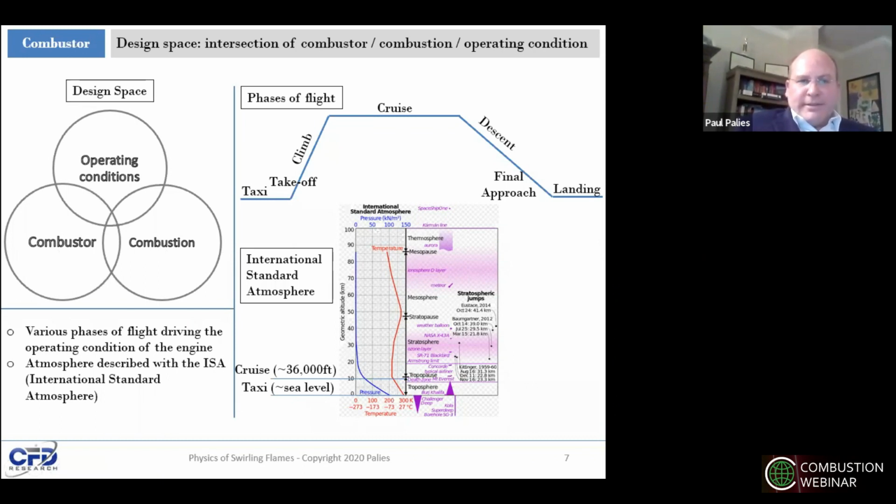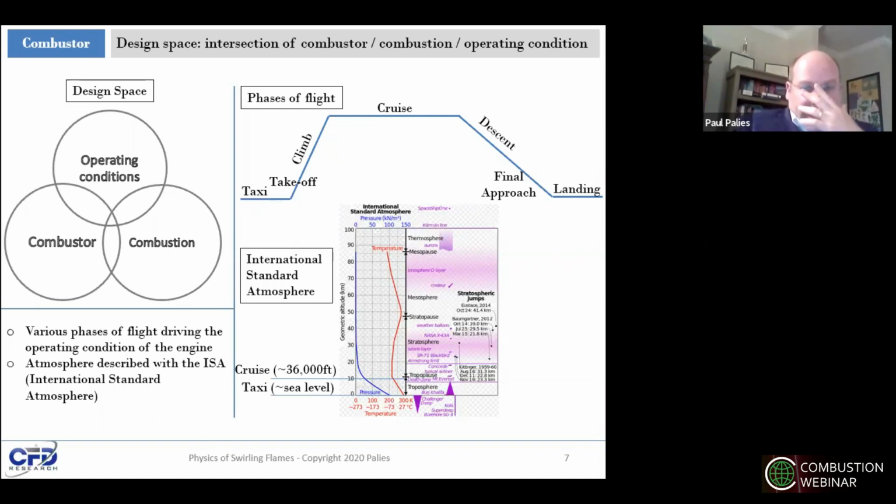So to do that, we need to remember that an aircraft has various phases of flight, and at each phase of flight, from taxi, takeoff, climb, cruise, descent, final approach, and landing, the thermodynamic state of the atmosphere is different, which is modeled with the International Standard Atmosphere.